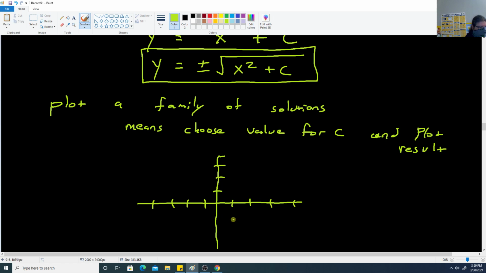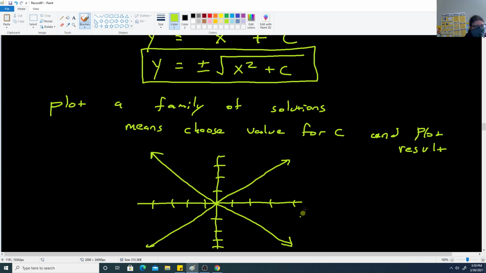If C is 0, we get y equals plus or minus the square root of x squared. So that's going to generate a graph that looks like this. We'll have the positive square root of x squared and we'll have the negative square root of x squared. So this is the C equals 0 case.